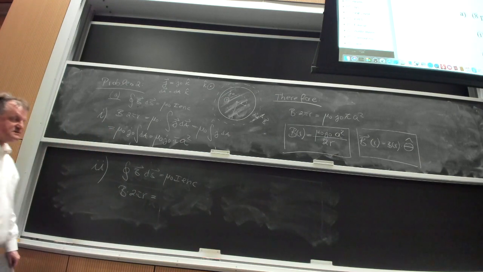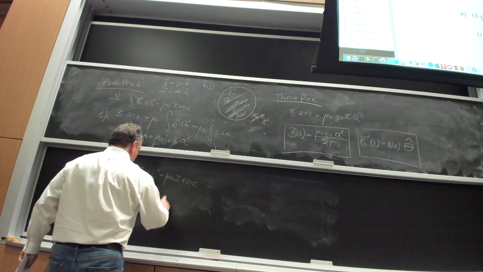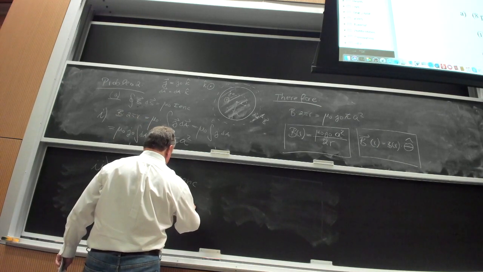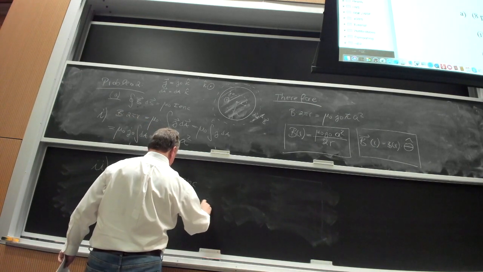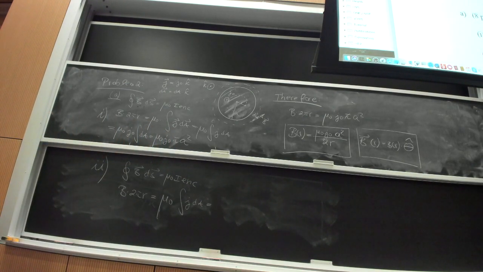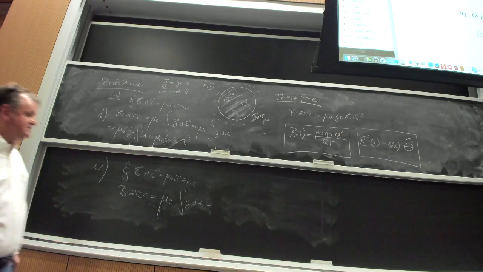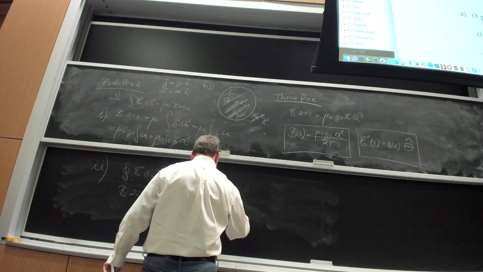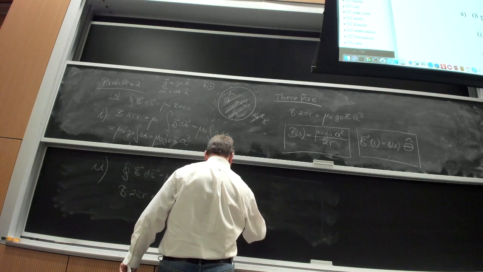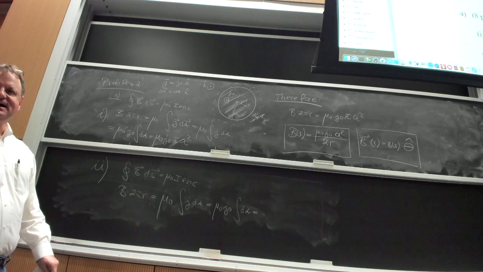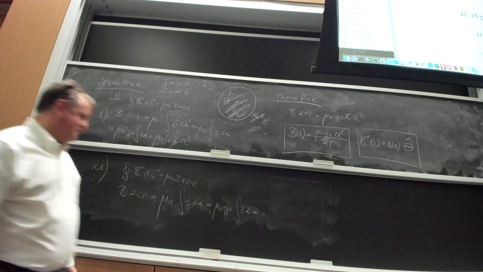Left-hand side we did this before. Mu naught times integral J dA. All right. Now the current density is a constant. This is given as J naught. So this would be mu naught J naught times dA. But the area A is not now pi a squared. It's pi r squared.